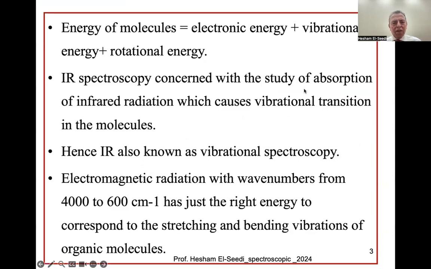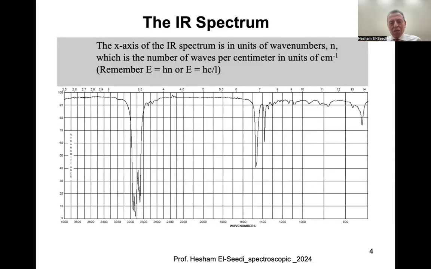It gives a vibrational spectroscopy. This is what we are going to determine regarding also the radiation and wavelengths. So it is between 4,600 centimeter minus 1. This is a scale characterized for IR, a very long range, of course.